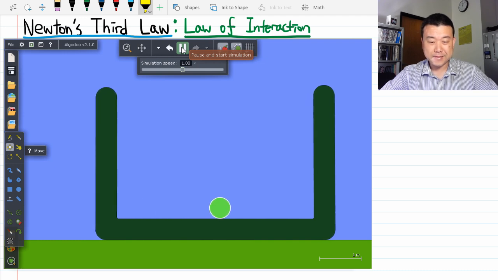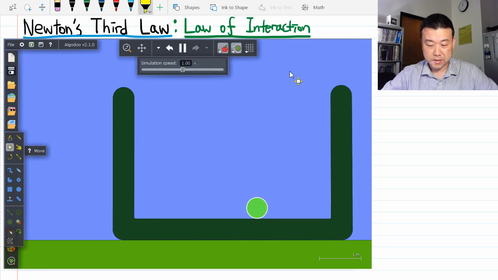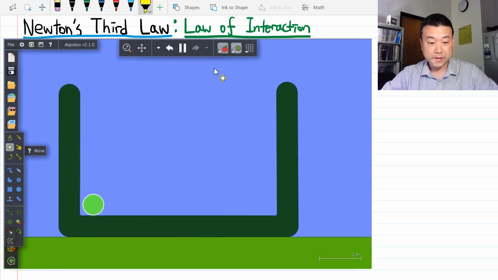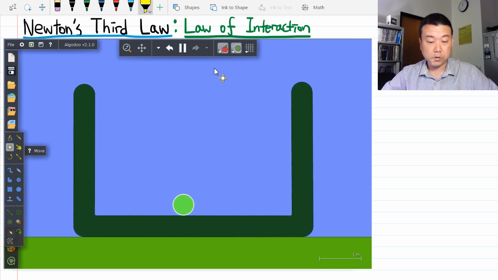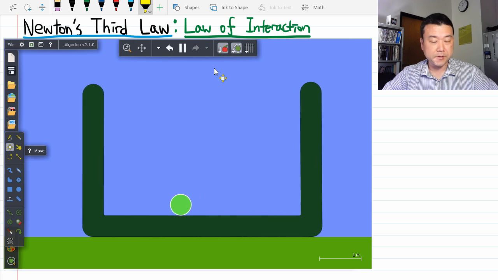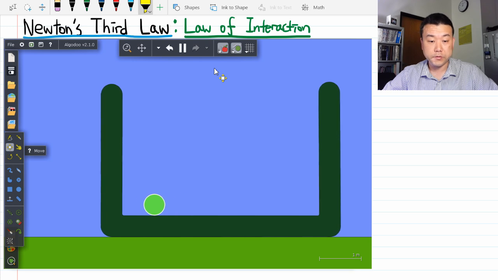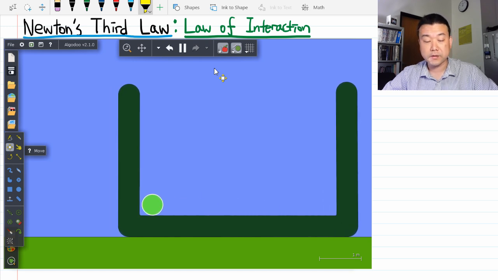So as this ball bounces back and forth, I hope you see Newton's third law acting in this scenario. As the ball bounces back and forth, there is a force on the ball that makes this happen, the action force, and there's a reaction force on the box around it that's causing the box to move forward a little bit.